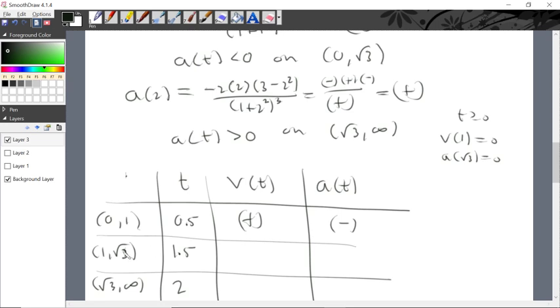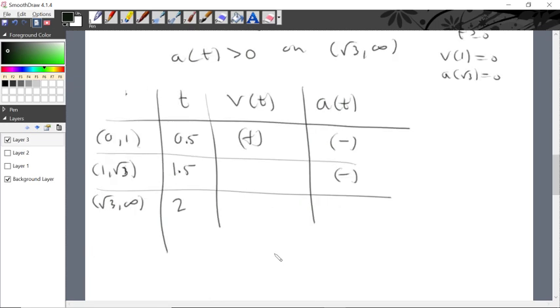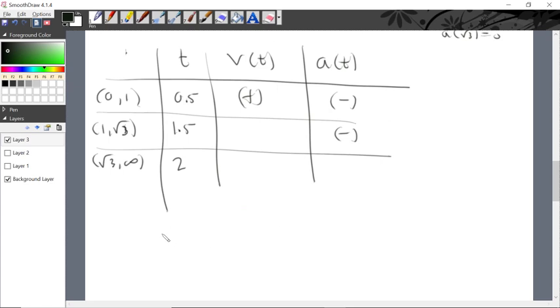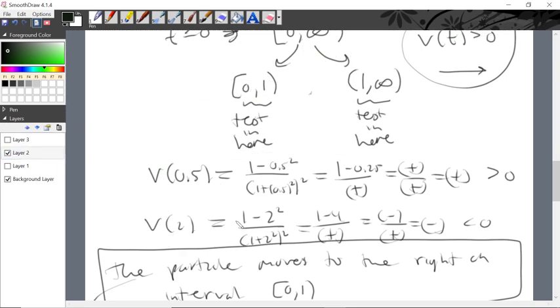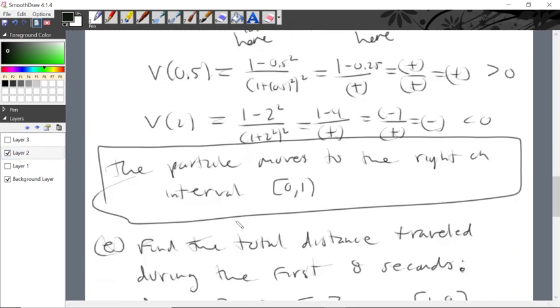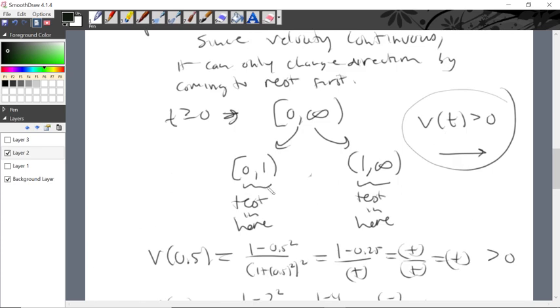How about from 1 to root 3, at something like 1.5? Well, we've already determined that the acceleration is still negative there. We need to figure out what the velocity is at 1.5. Back to our previous work, we established that the velocity was positive from 0 to 1, and then the velocity became negative from 1 to infinity.